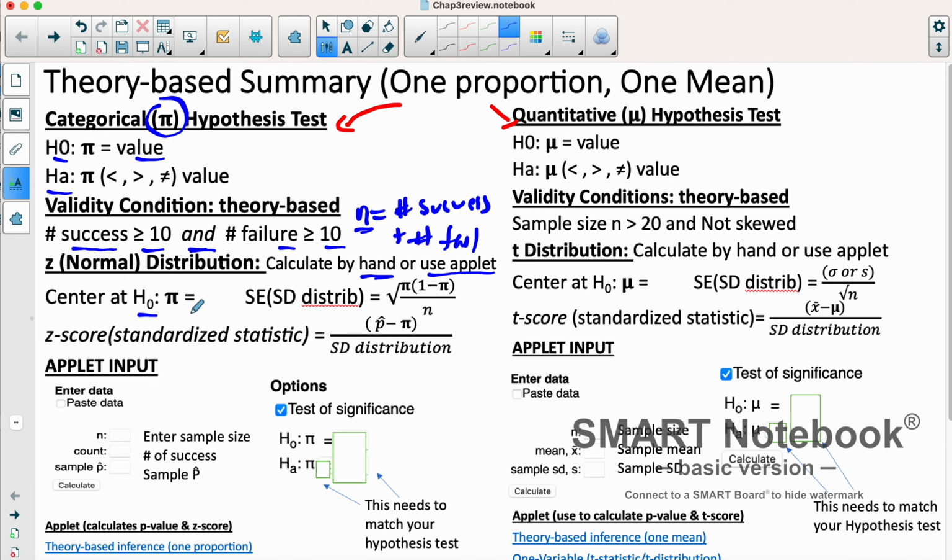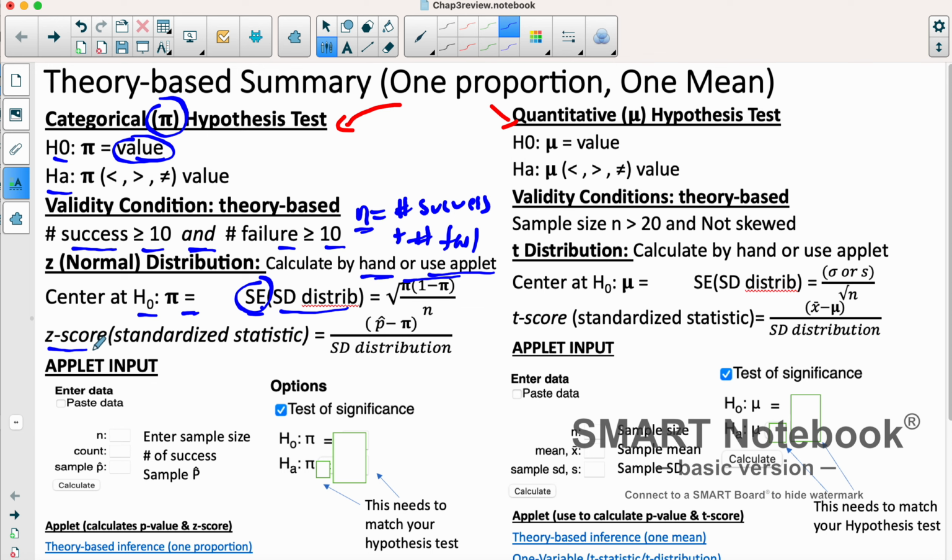So the center is always going to be equal to whatever this value is in your null hypothesis. We can calculate the standard deviation of the distribution, also called the standard error, SE, by taking the square root of this whole thing, pi times 1 minus pi divided by n.